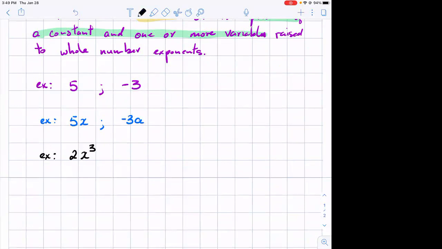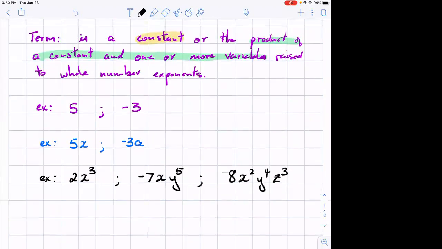Okay, whole number exponents, not fractions. Or we can have minus 7xy to the 5th. So it doesn't have to be one variable or letter. It could be more than one. We can have 4 or 5 letters. We can have minus 8x squared y to the 4th z to the 3rd. Okay? So these are all terms. Okay? Term is a constant.